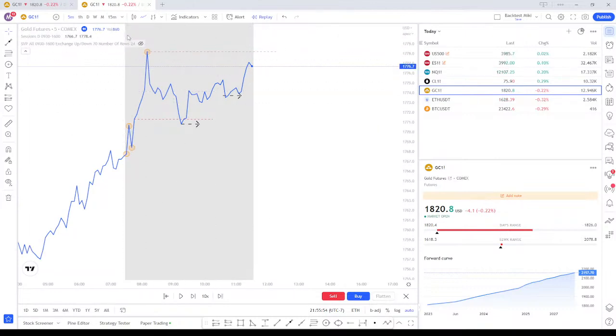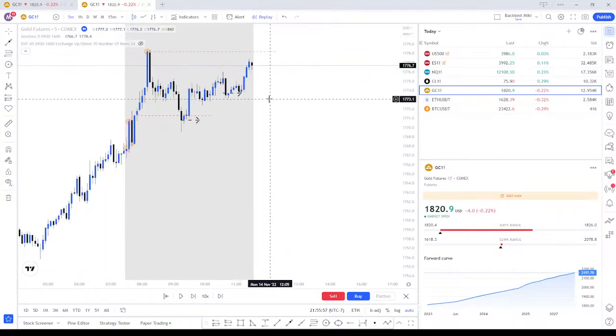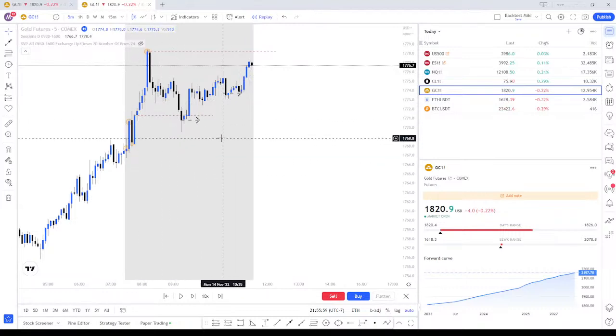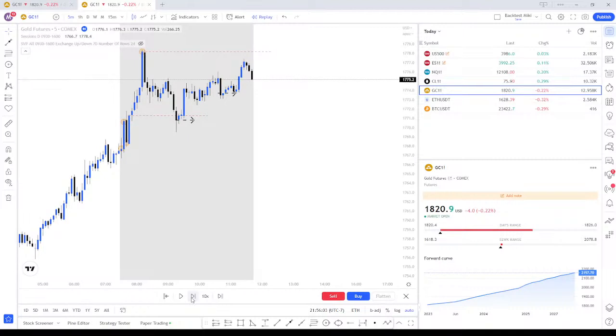We could get a short opportunity there. Even though we're on an uptrend, we could get a short opportunity. It's definitely not guaranteed, right?